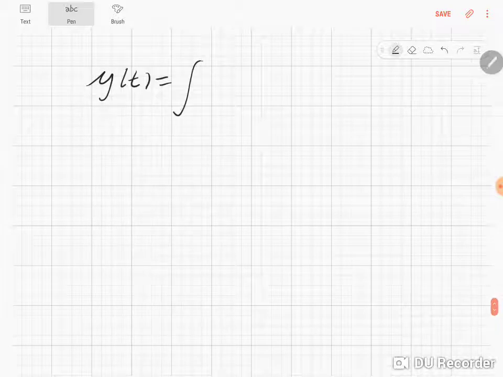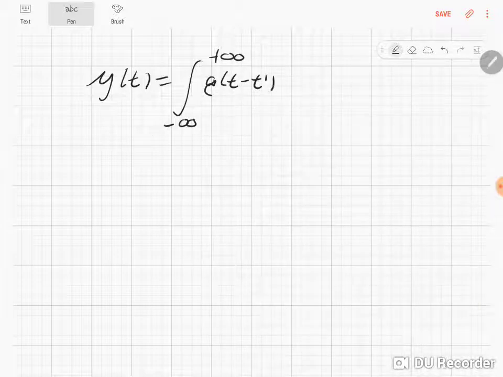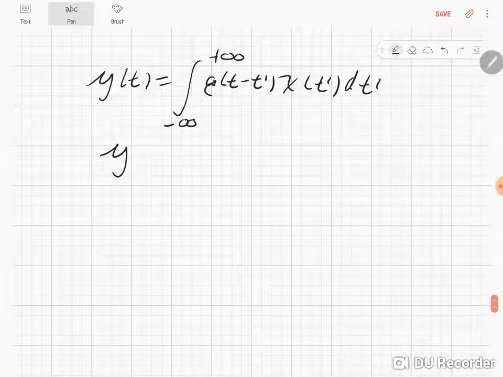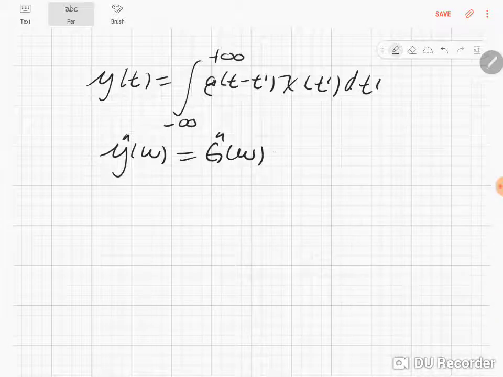So for that, we're going to consider systems that are represented using the convolution integral given for the response y of t with the spectral representation written here. This can then be graphically illustrated like this.